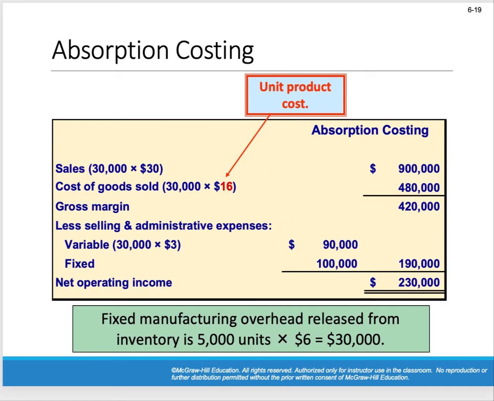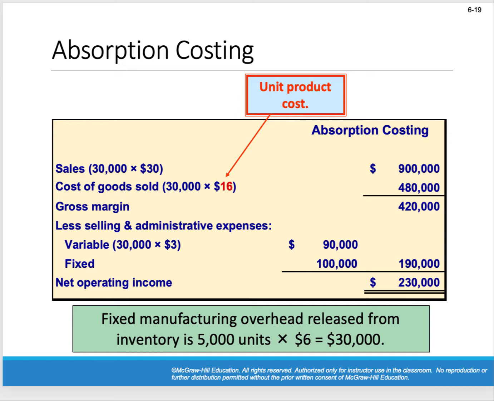Now let's do the absorption costing, right? Nothing new here. How do we calculate the cost of goods sold? We take the number of units sold, 30,000, times the unit product cost under the absorption method, which is $16. We end up with cost of goods sold being $480,000. We subtract the cost of goods sold from the sales to get the gross margin of $420,000.